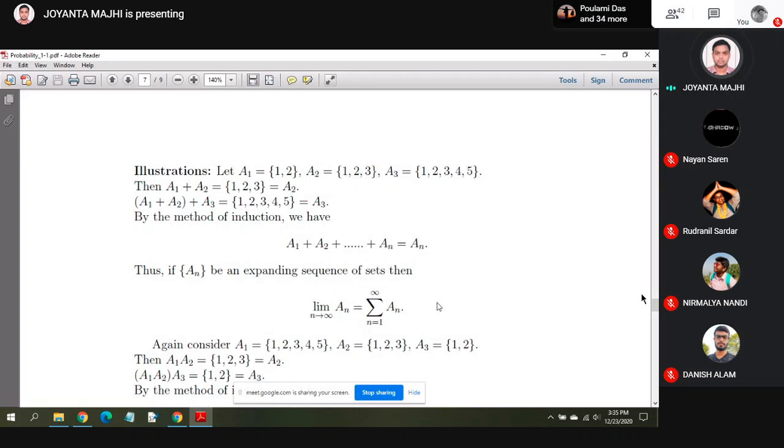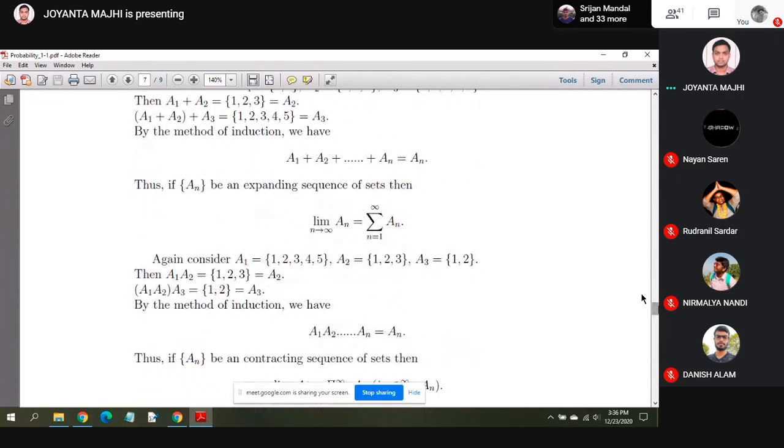By induction, we can find that if we consider an expanding sequence An, then A1 union A2 union ... union An is equal to An. Therefore, for an expanding sequence An, the limit as n tends to infinity of An is equal to the union of the An. That is, An is the bigger set which contains all the previous sets.